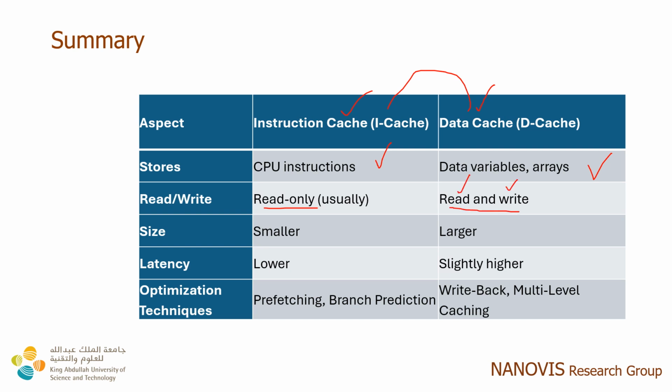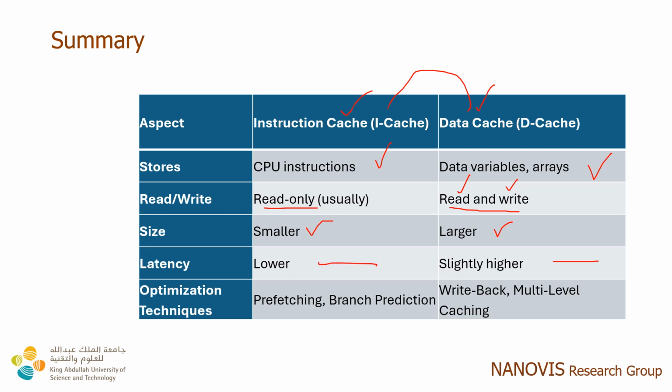And for writing, we have writing strategies: write through, write back, and others for distributed computing. Usually, both of them are at the same level, L1 caches, but the instruction cache is smaller and the D cache is larger. So instruction caches are faster, being smaller in size, and the latency is lower.